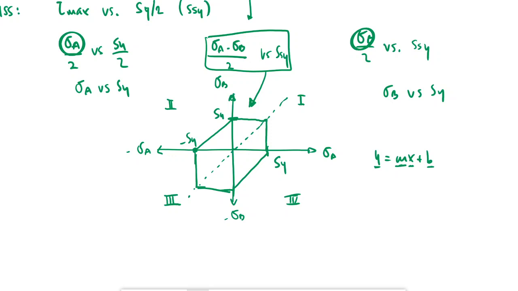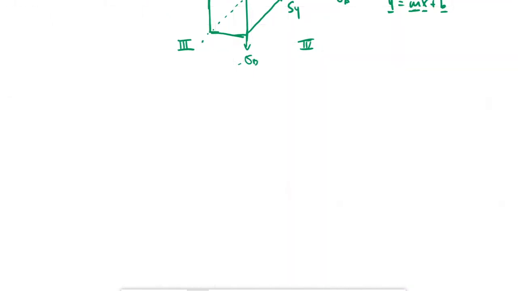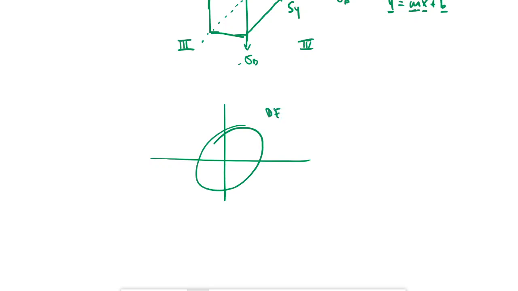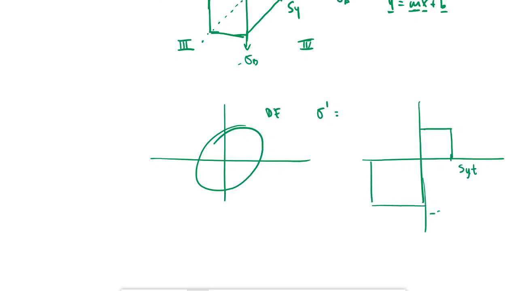So we would be able to do the same thing for distortion energy. I'm not going to go over all the other 5 failure criteria, but just as a reminder, we would have distortion energy something like this, for DE, and we have von Mises, and we have that equation for the von Mises stress, and the other one is when we have an SY under tension, so tension, and then an SC under compression, which is a different value.